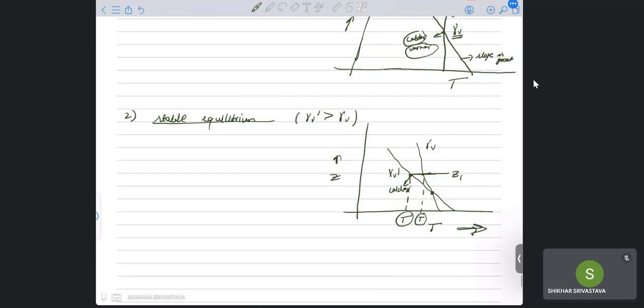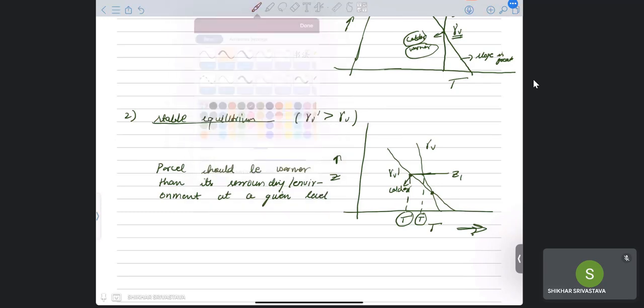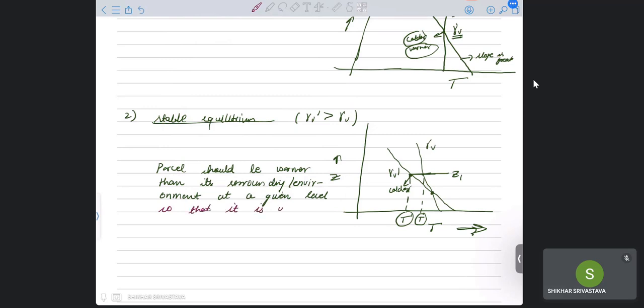So this is the basic concept: the parcel should be warmer than its surrounding, or what we call the environment, at a given level, so that it is in unstable equilibrium.